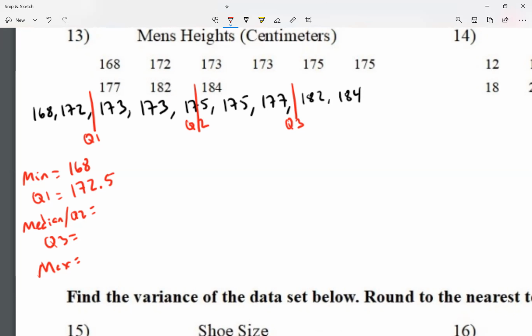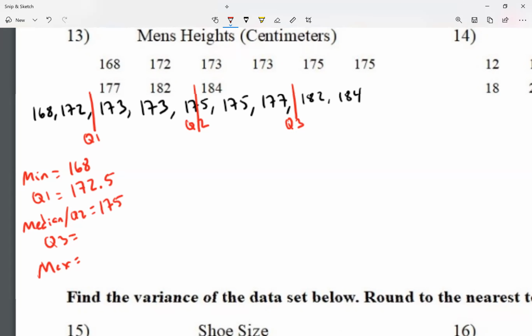Now my quarter 2, or my median, I can tell is 175. My quarter 3 is a number in between 177 and 182. If you already know the number right between 177 and 182, then you already know.